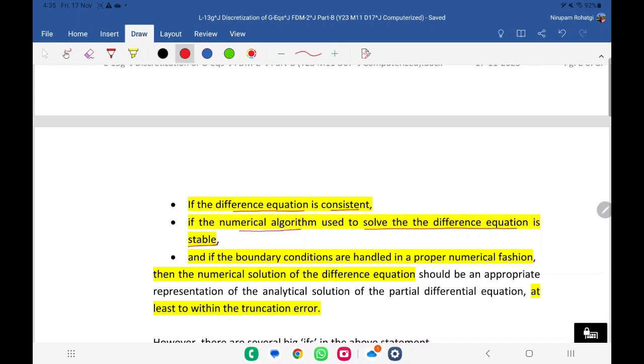That your solution, whatever formulation you have made, the algorithm you have made to solve those equations, does not blow up. They follow a normal process, because you are going to do it again and again and again. So the numerical algorithm should be stable.